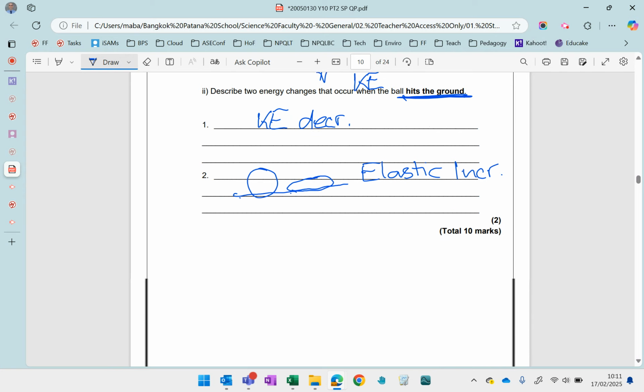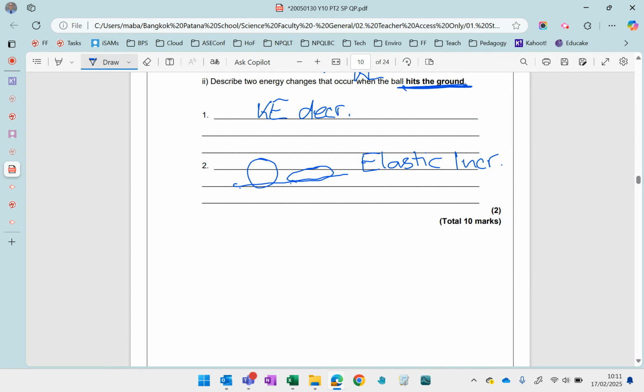Another thing that happens when the ball hits the floor is you're going to get some sound radiated away from the ball, and some of the energy will be taken away in the form of sound. And then the other thing is, you might have experienced this with a squash ball or something.